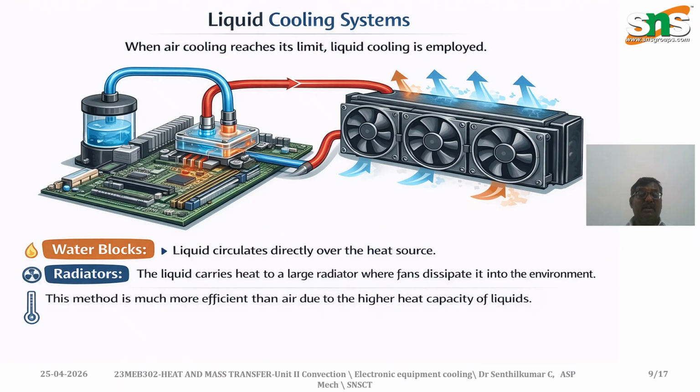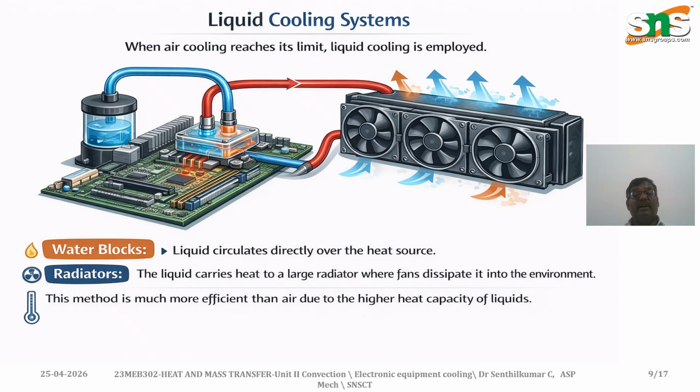Coming to the next one, the liquid cooling system. When air cooling reaches its limit, liquid cooling is employed. This liquid may be a refrigerant or phase change material or some other material which has the capacity to transfer the heat at a faster rate. There is a fan; already in old decade computers we had a fan.